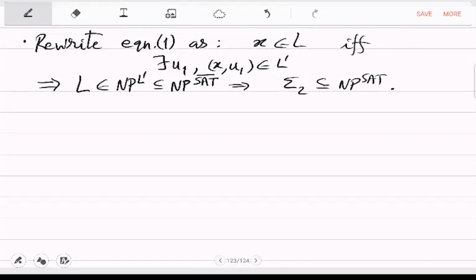So let's do that. NP to the SAT is in Sigma 2.